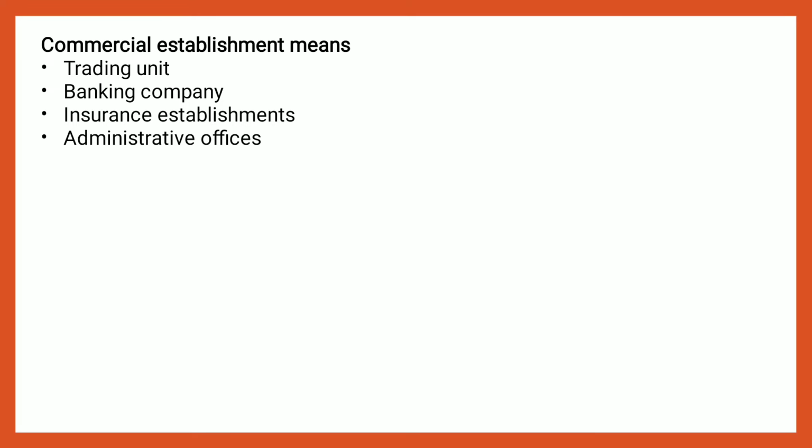It may be a hotel, restaurant or eating house, a cafe or any other refreshment house, a theatre or any other place of public amusement or entertainment, and it includes such establishment as the state government may by notification declare to be commercial establishment for the purpose of this Act.